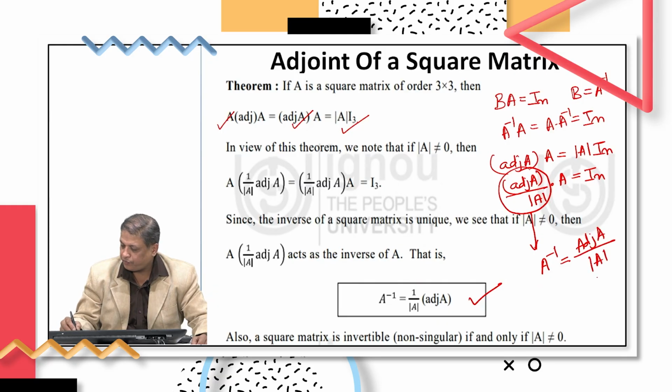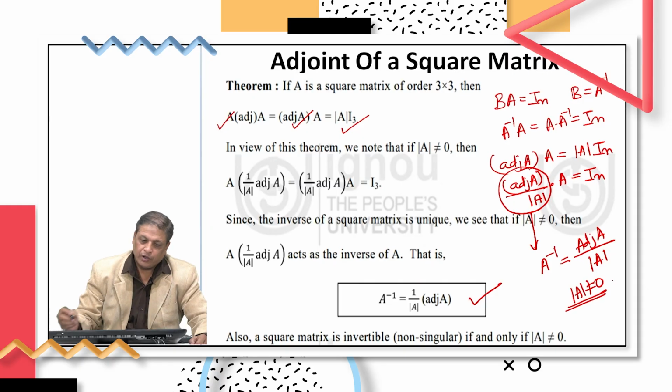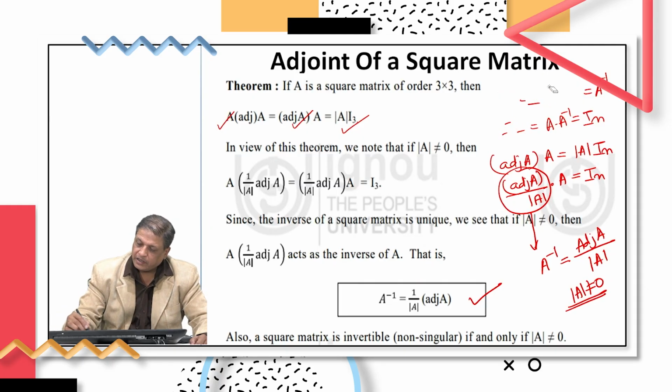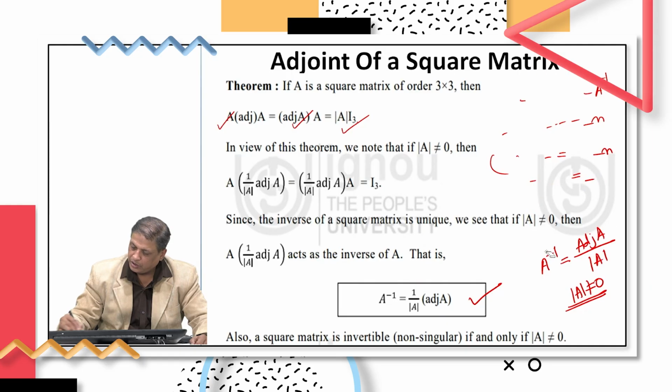And what is the adjoint of A? The adjoint of A is the transpose of the cofactor matrix of A. One more important thing is that the determinant of A should not be equal to 0. We also learned in earlier sessions how we use the cofactors to calculate the value of the determinant.